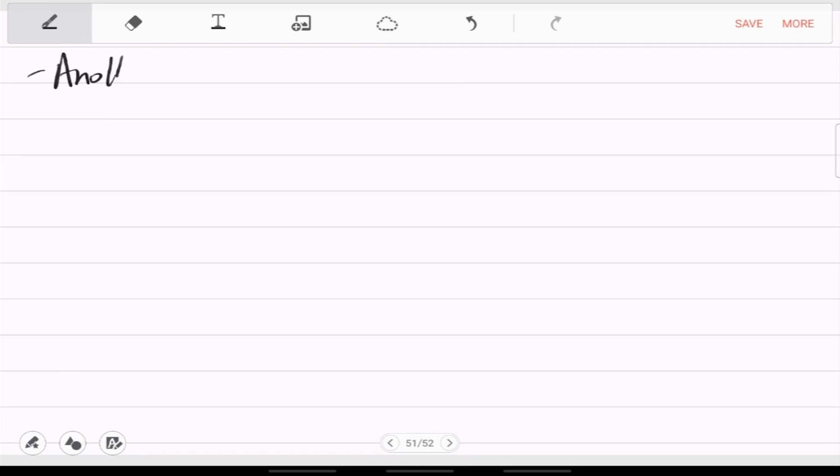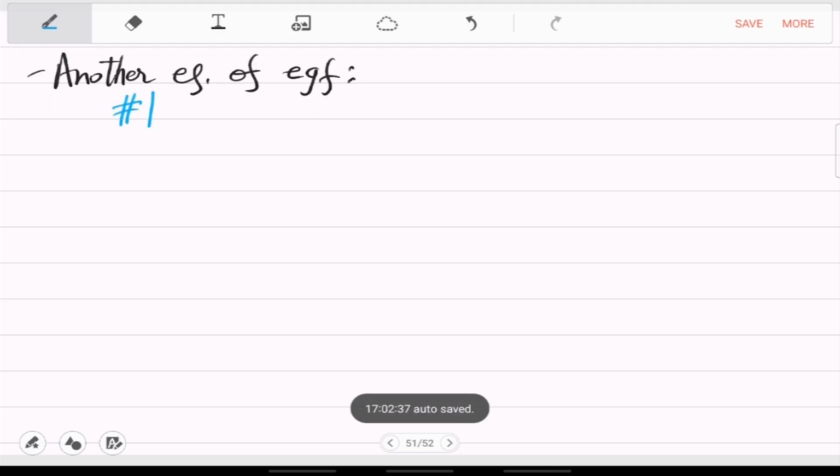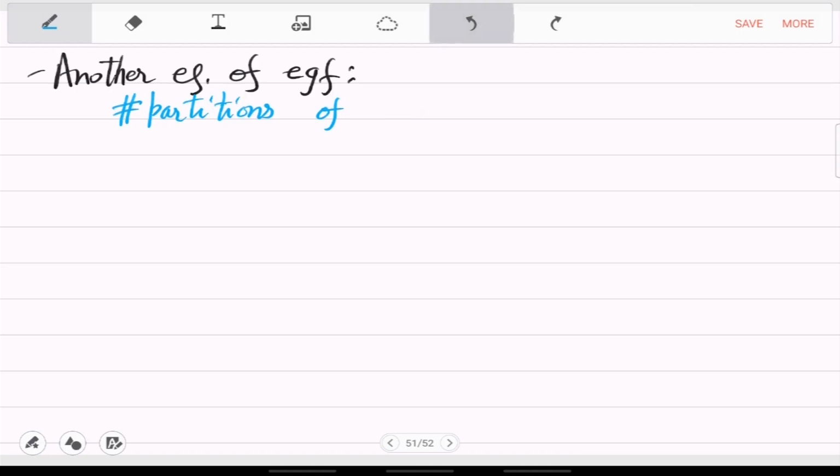So another example: the number of partitions of a set, which we can just fix to be 1 to n.